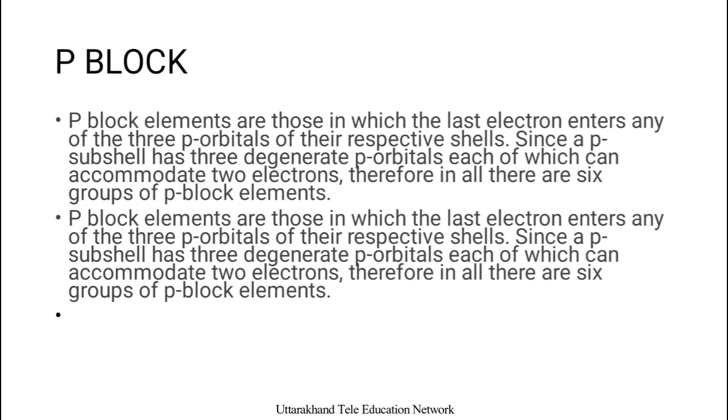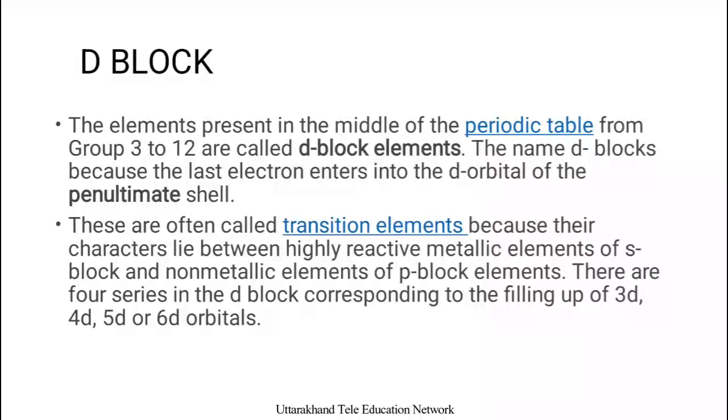And we come to the d block elements again. D block elements are in the middle of the periodic table, from group 3 to 12. The name d block is because the last electron enters into the d orbital of the penultimate shell.